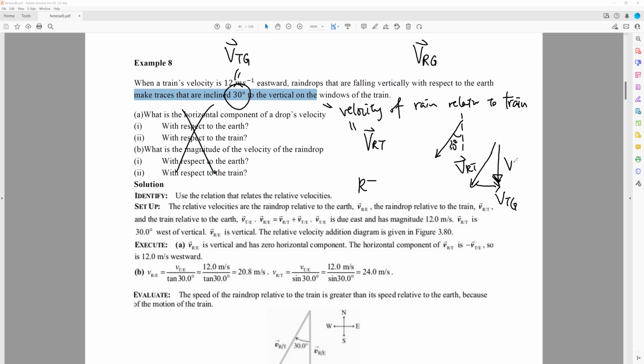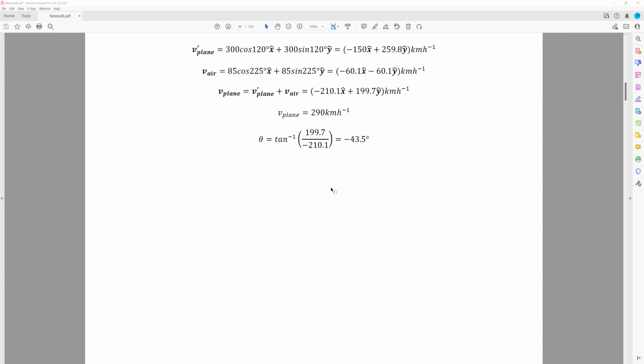So this is the velocity of the rain relative to the ground. So the entire diagram looks like this. Okay. Any questions here? No? I don't do this question.